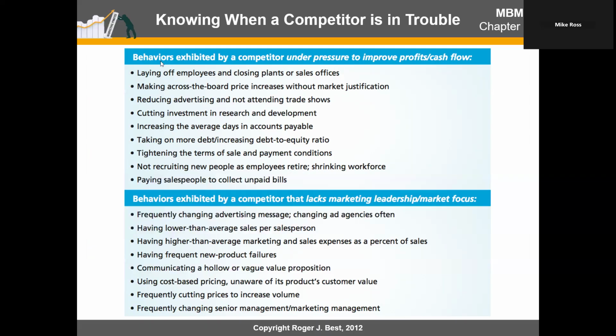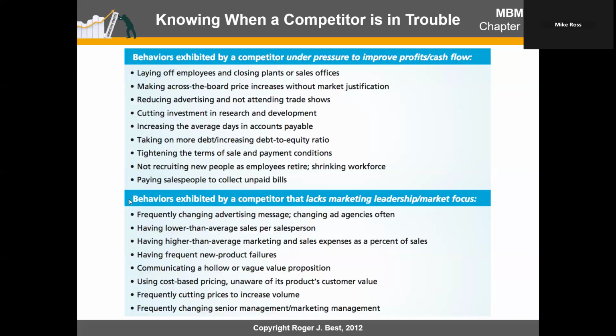So, for example, if I see my competitors laying off employees, well, that looks like maybe they're not doing great, right? Maybe they are not replacing people as they retire? Maybe they are cutting investment in R&D? These are symptoms of an underlying cause, which is, hey, my competitor's got some problems, right?